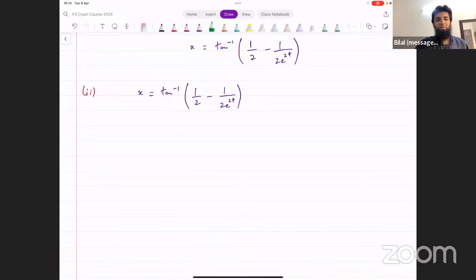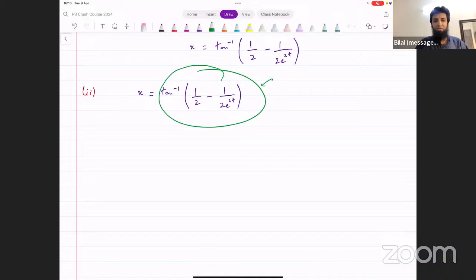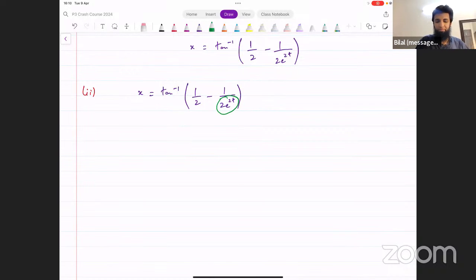What happens if t becomes very large? Now think about this. In this whole expression, the variable is only t, and that is in this position, 2e raised to the power 2t.